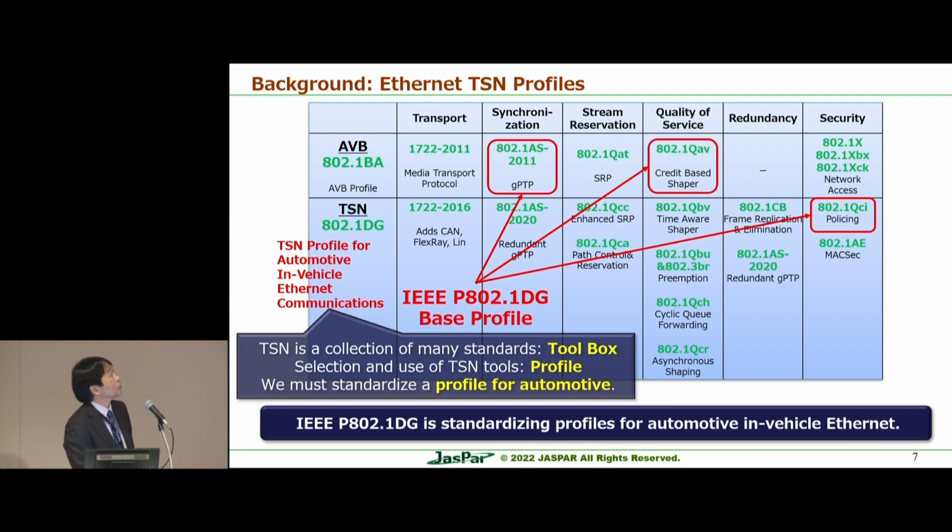This table shows the ABB and TSN profile. As you know, TSN has evolved from ABB for automotive use cases. In our understanding, TSN is a toolbox, a collection of many standards specified by IEEE 802.1, such as time synchronization, quality of service, security, and so on.